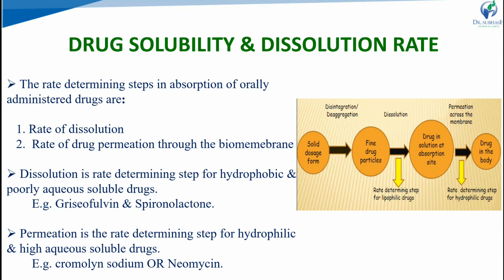So the rate determining step in absorption for oral administration, we can say that dissolution and solubility are the major parameters. The first one in that rate determining step is the rate of dissolution, and the second one is the rate of drug permeation through the biomembranes.